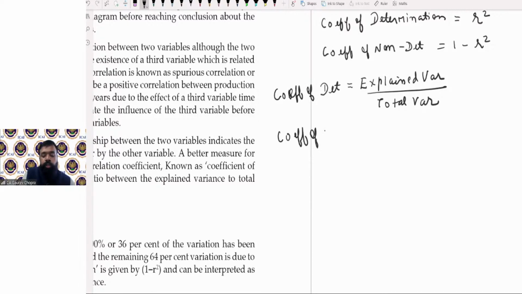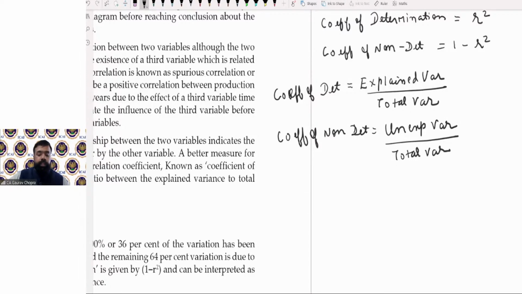Second is coefficient of non-determination. It is unexplained variance upon total variance. So first one is explained upon total, second one is unexplained upon total. So this is for theoretical reference only.